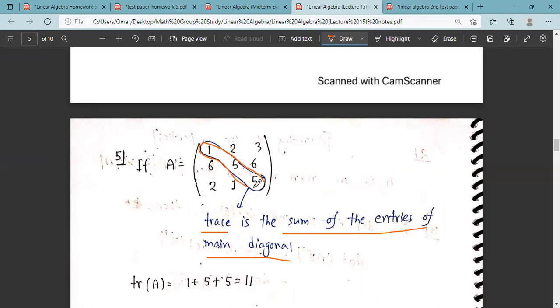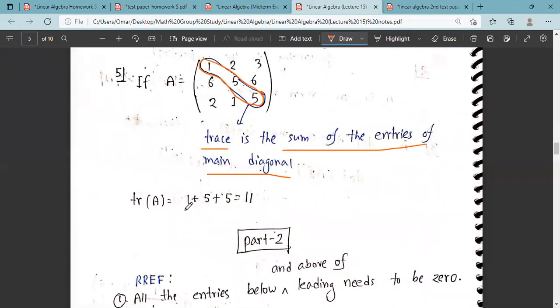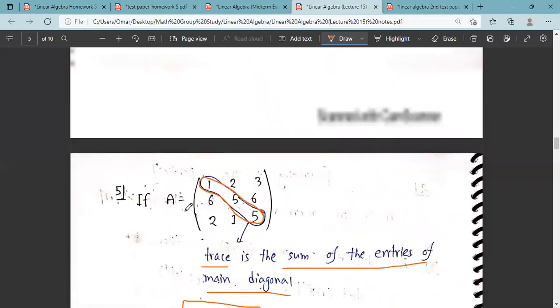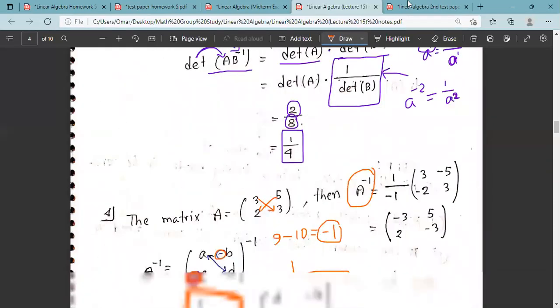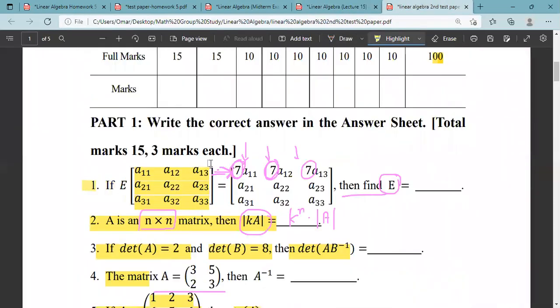So it is 1 plus 1 plus 5, that is 11. So this is the answer. These are short answers, like you can answer them within 1 minute. That's why these are short answers.